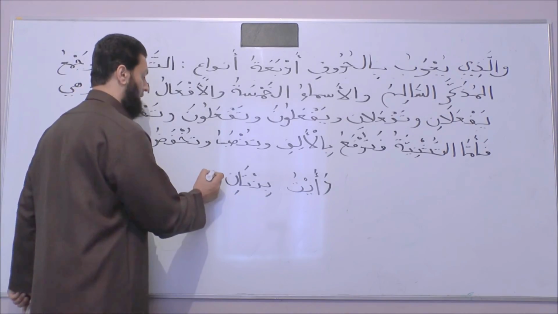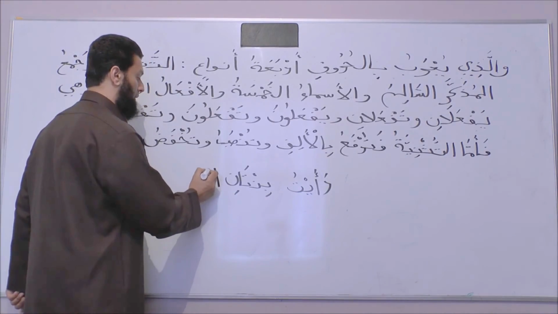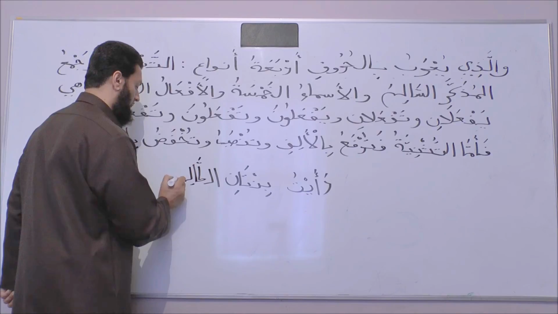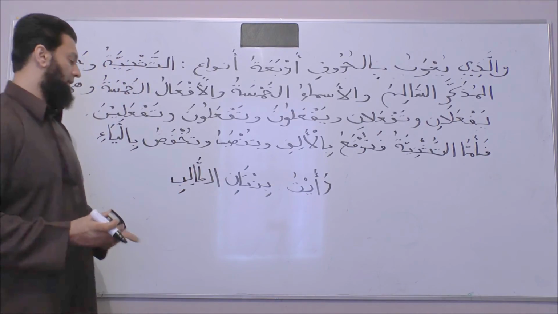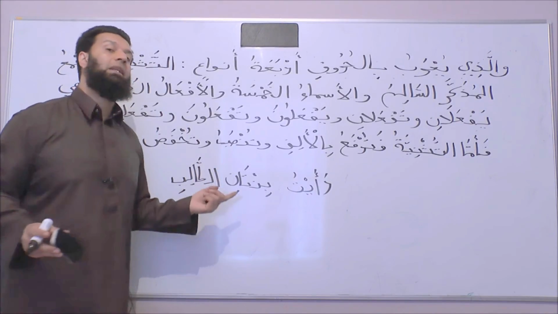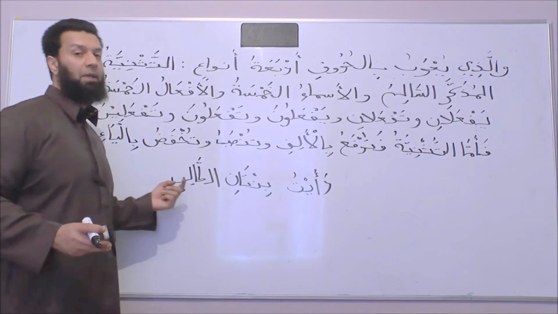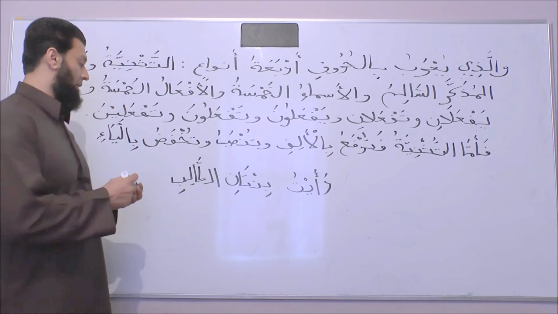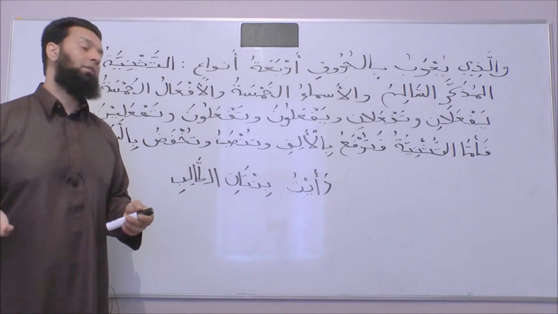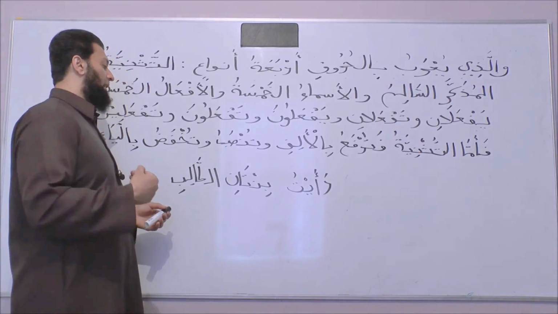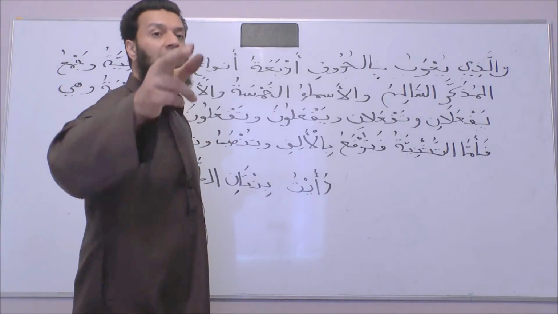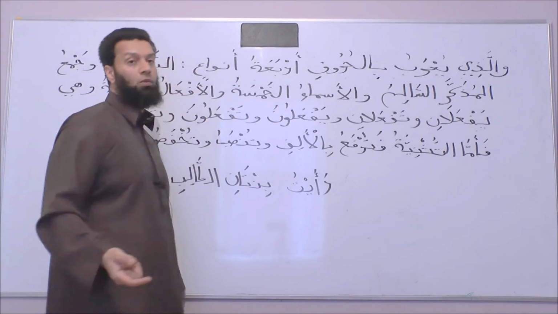الطالب. طالبي. Right, so we have bintani, which is now marfu' wa alamatu raf'ihi al-alif. We have at-talibi, which is the student. Now, we want to say two daughters of the student, so that's going to be an idafah. In order for that to be an idafah, when you have the mudaf, which is al-muthanna, you have to drop the noon.